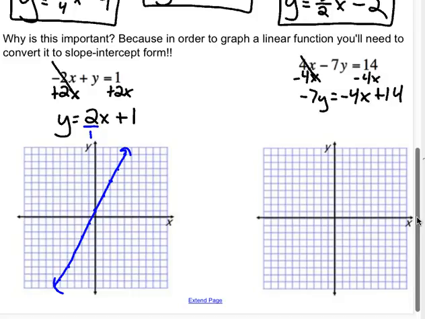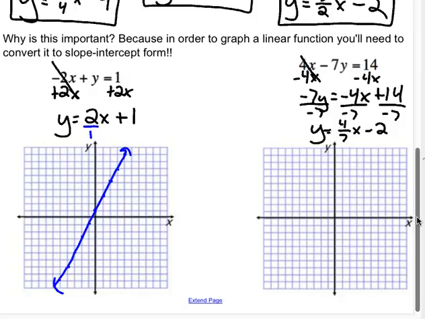Now this one I have the additional step. I need to still get the y by itself, so now I'm going to divide everything by -7. Negative divided by negative becomes positive. So that's 4/7 x. 14 divided by -7 would give me a -2.